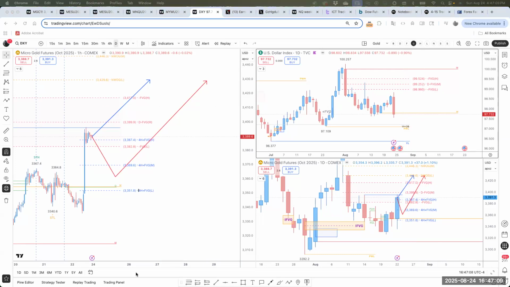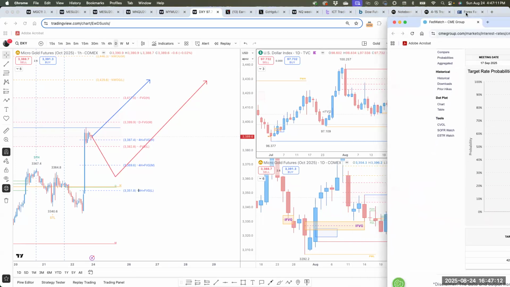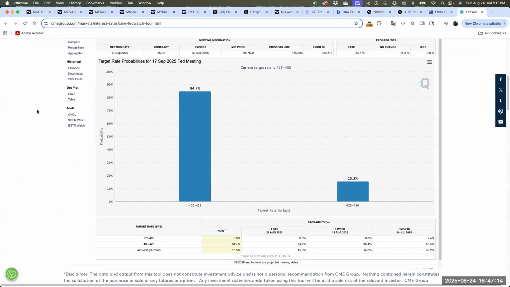This is the FedWatch tool. This FedWatch tool has an 87% chance that we get an interest rate cut from the 4.5 area right now to be around 4 to 4 and a quarter.